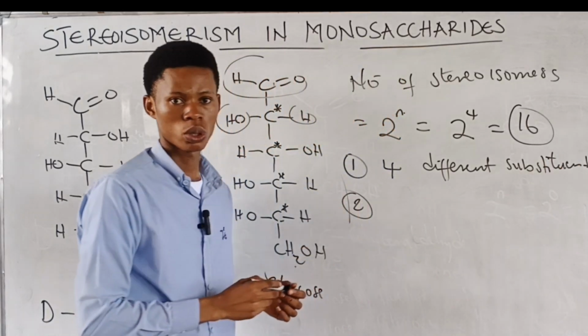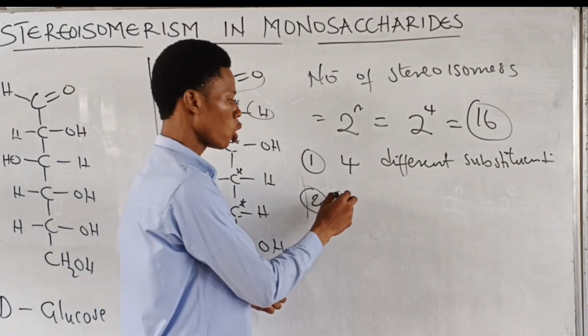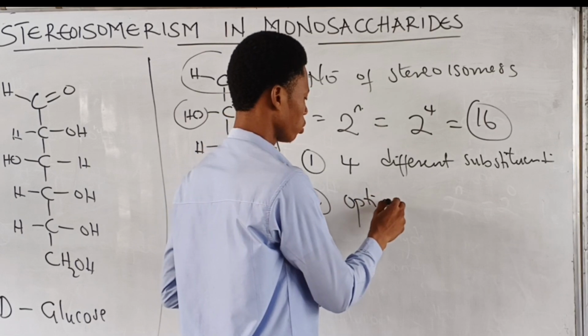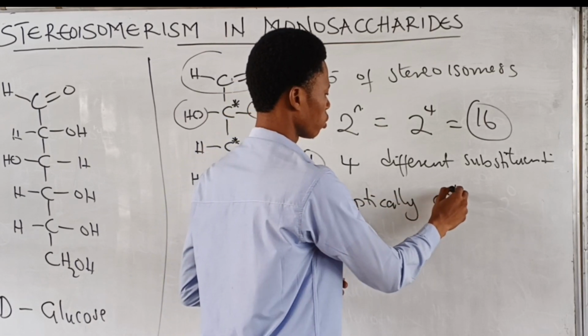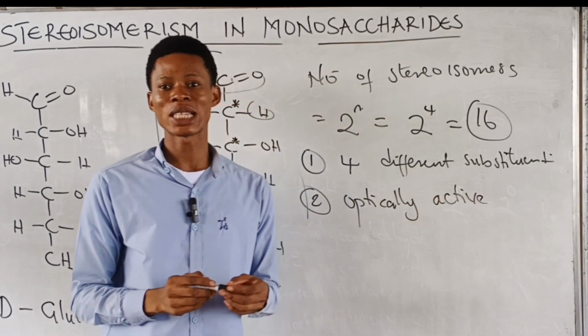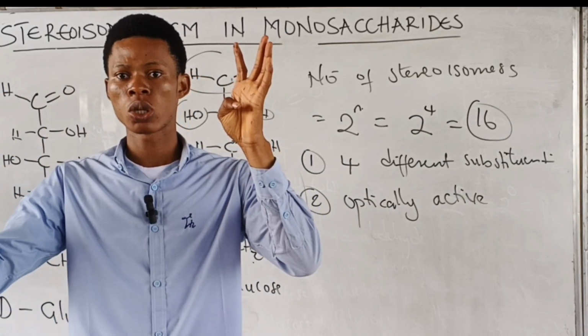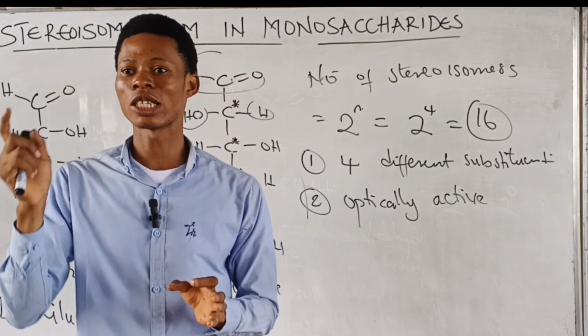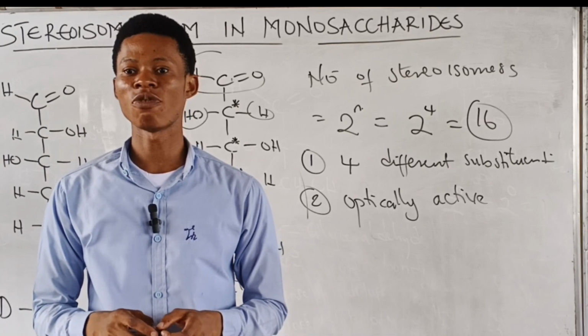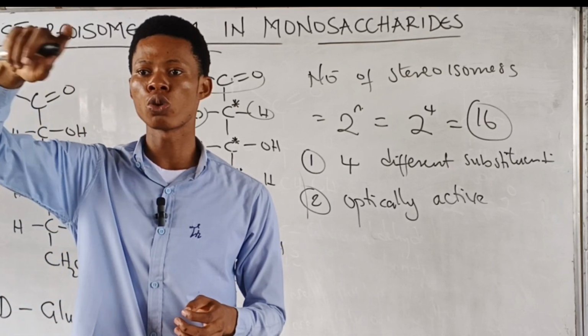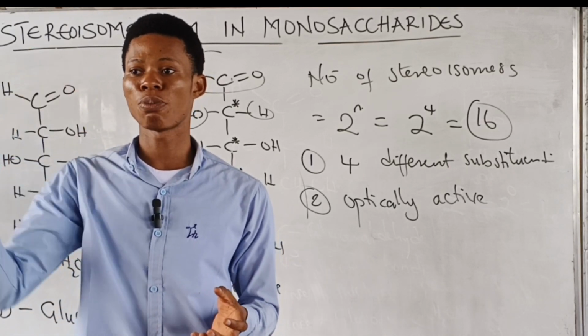And number 2, the carbon must be optically active, meaning it should rotate when exposed to plane polarized light.